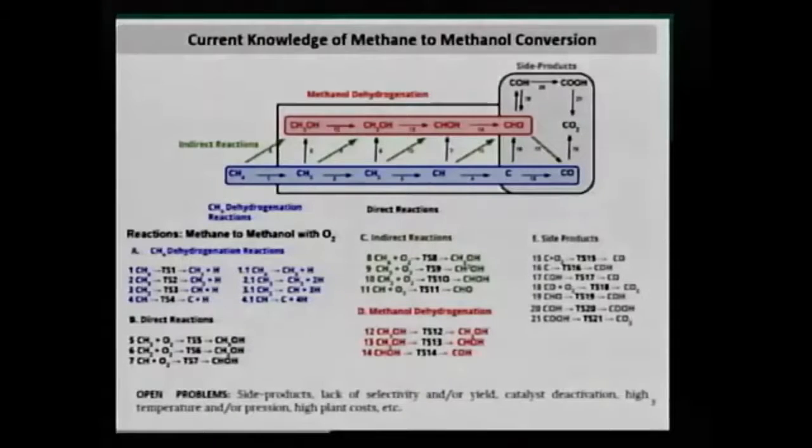Each species can interact with oxygen, for instance, to lead to products like methanol. However, methanol can also suffer dehydrogenation, which are methanol dehydrogenation reactions. Of course, in the end, we also have the side products. This is a complex question to be solved because we have at least 21 reactions for this minimum path as well as 25 transition states. So these are going to be addressed in our work.